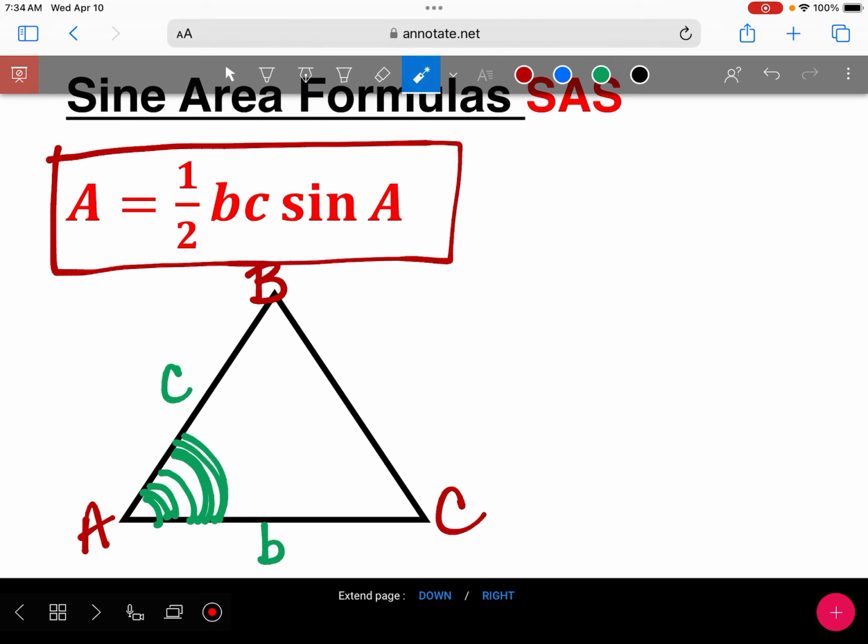So I would have to know a corner of my triangle and the 2 sides connected to that corner. This is sine area. It says if you take 1/2 little b times little c times the sine of angle A, you can find the area of a triangle.